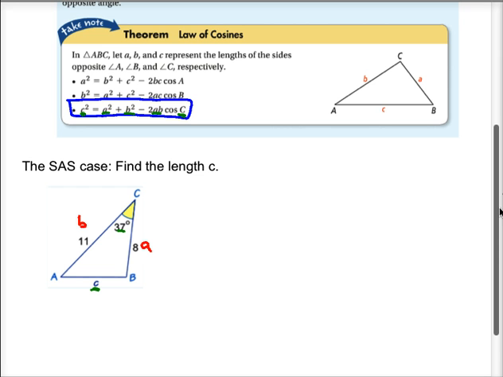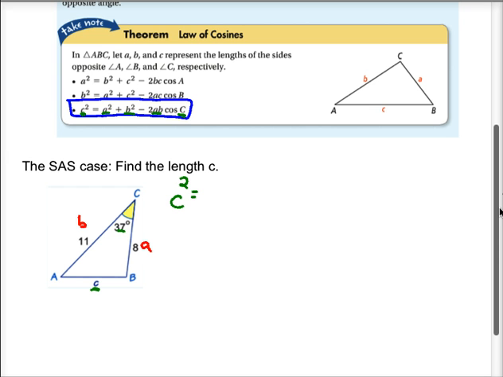So this diagram is really nice because it fits right into that equation that I just showed you. Okay? So the side that is opposite the angle we're talking about is always the one that is squared. All right, so c squared equals a squared plus b squared.